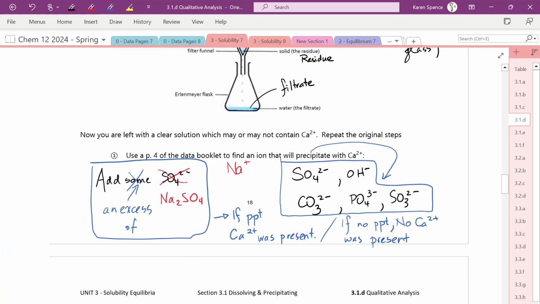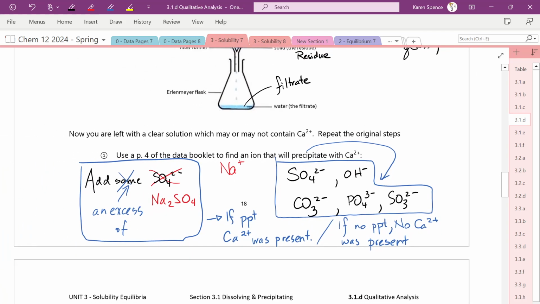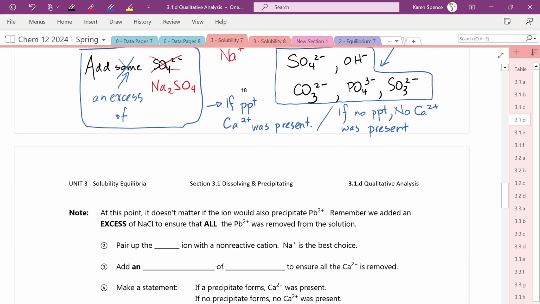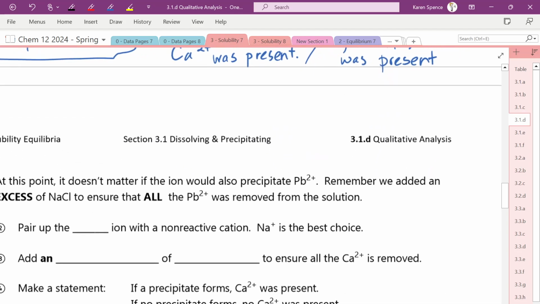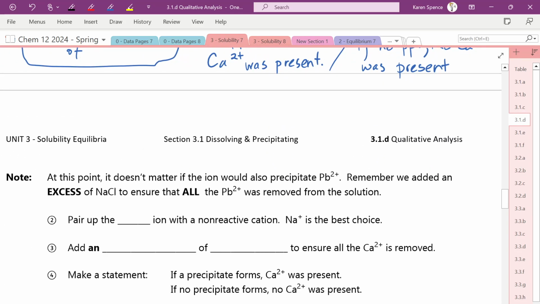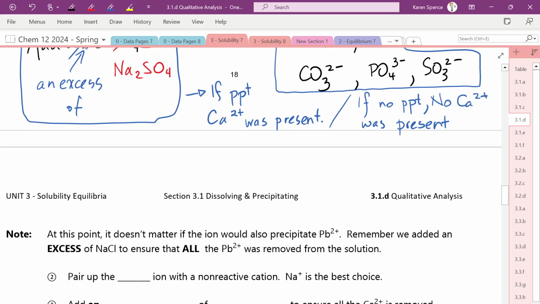So, are we good with that? Making sense? Okay. At this point, it doesn't matter if the ion would also precipitate lead, because the lead has all been removed.